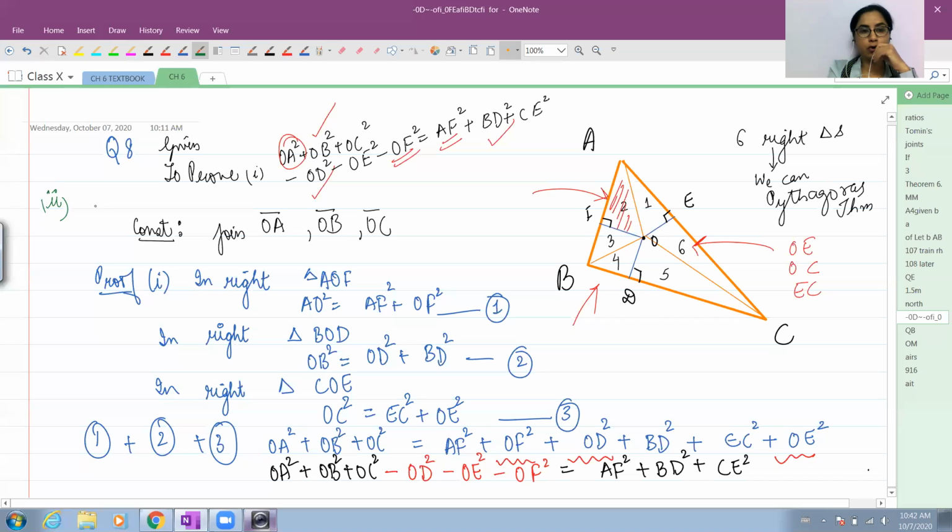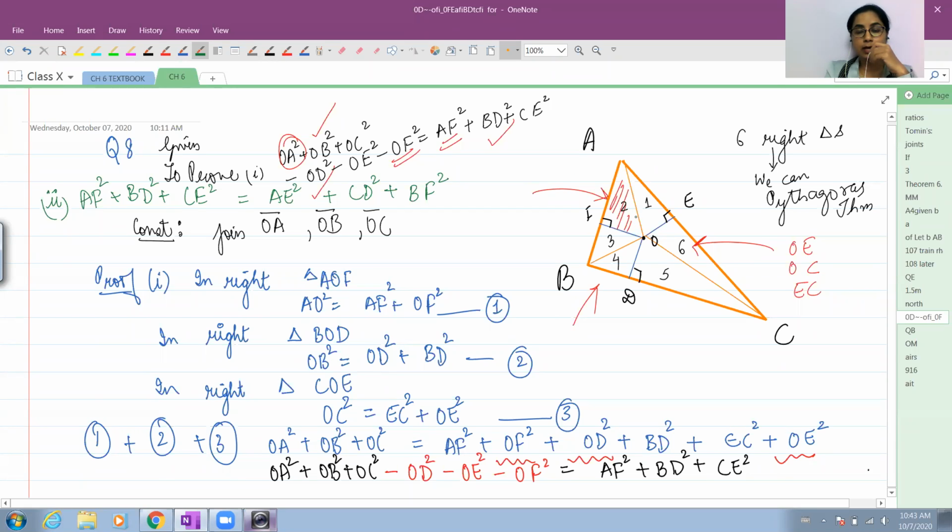What I want to prove, I've got AF square plus BD square plus CE square equals AE square plus CD square plus BF square. This is what I want to prove. First result is equal to AF square plus BD square plus CE square. This value on the right hand side in part 1 is further equal to AE square plus CD square plus BF square. So I would like you to just remember one more thing here.